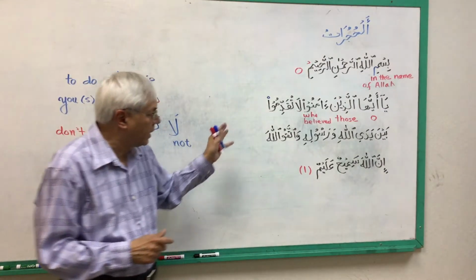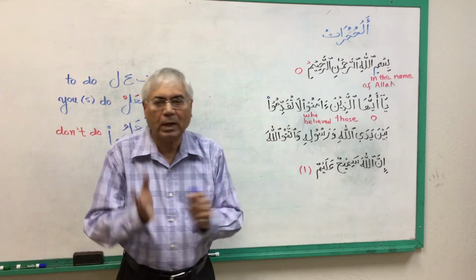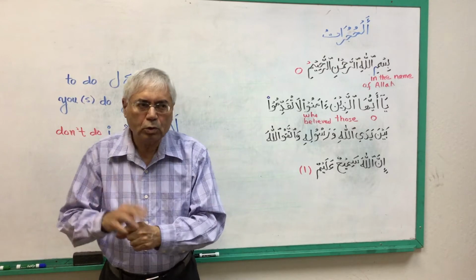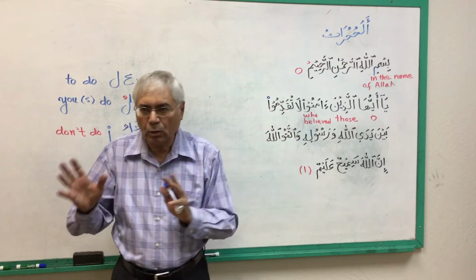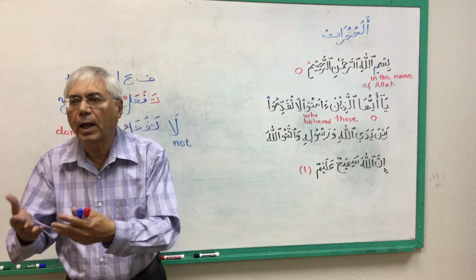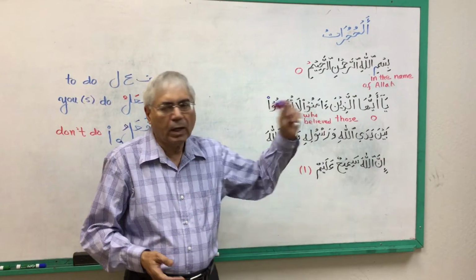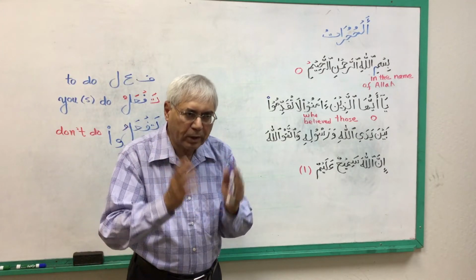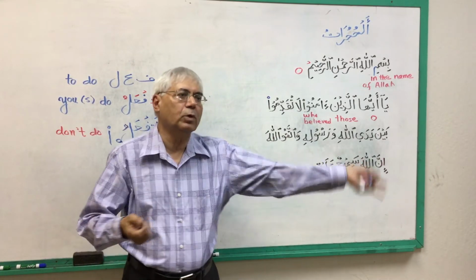Okay, so we'll break down this ayat. Allah subhanahu wa ta'ala is addressing those who have believed. O those you have believed, ya ayyuhalladhina amanu, la tuqaddimu, do not go ahead of Allah and His Rasul. If Allah has decided something, you cannot say, oh no, my opinion is this, I would do it this way.